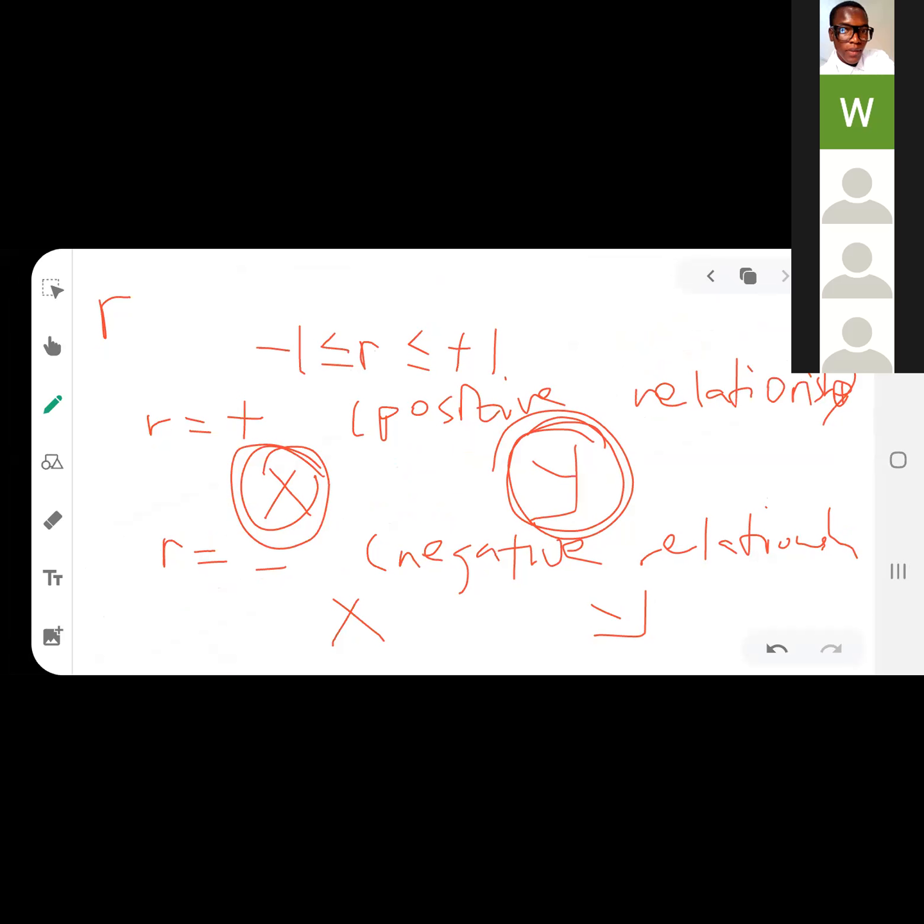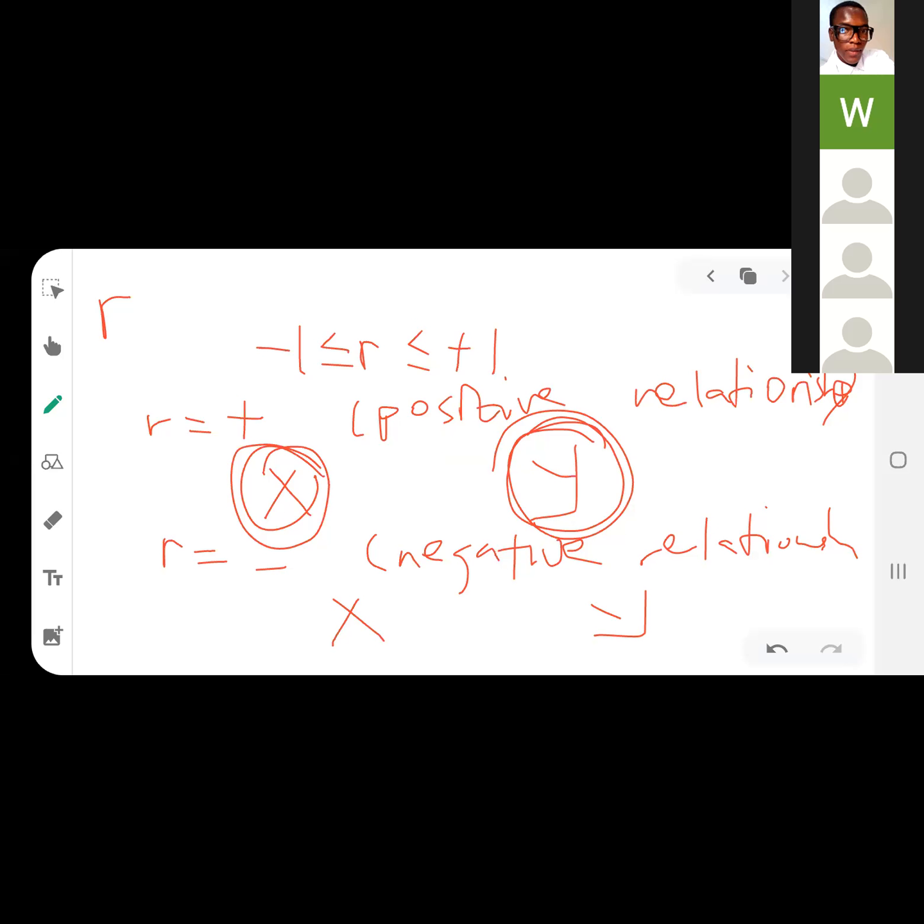Willie, since you are the one responding, you are in a relationship. So are you in a positive relationship or in a negative relationship? A very positive relationship. Why are you saying you are in a positive relationship? Because the feeling is mutual. Okay, because the feeling is mutual.